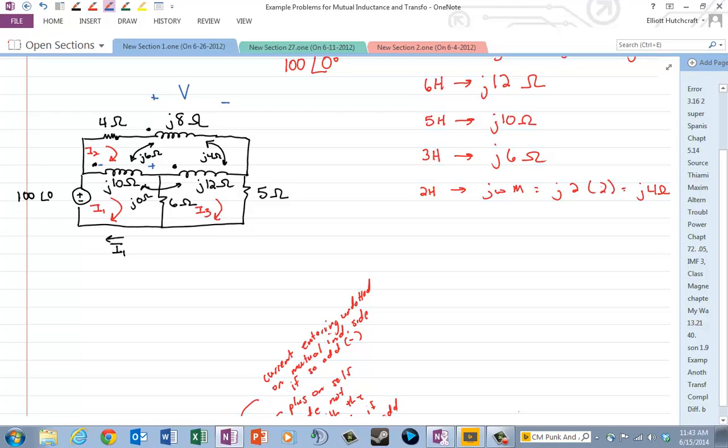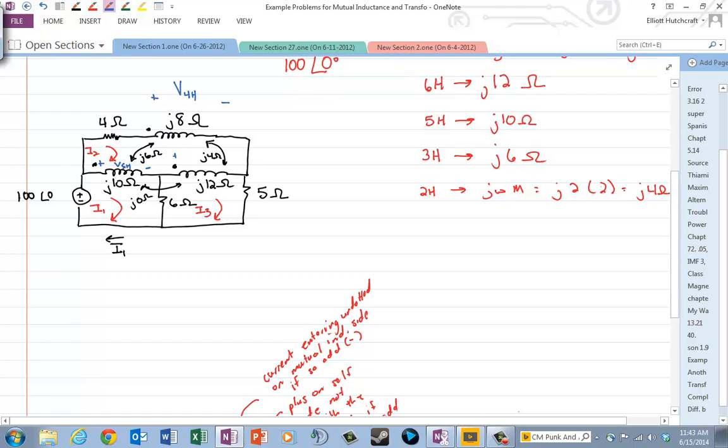And I think that's important to do because I think it makes it easier. So that's not what I would do. What I would do is I'm just going to call this V4 Henry, and I'm going to label this one with the dot and call it V5 Henry.